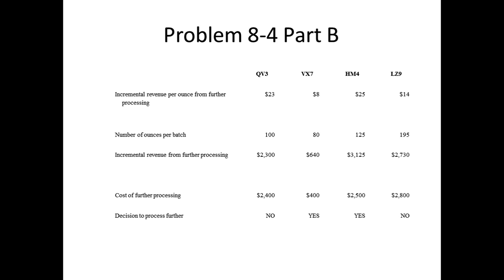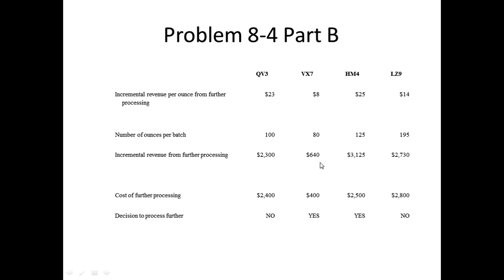The highest number of ounces comes from the LZ9 and the lowest with VX7. Now, the incremental revenue from processing further is the highest under LZ9 at $2,730. The cost of processing further is $2,400 in the case of QB3, which exceeds the incremental revenue of $2,300.